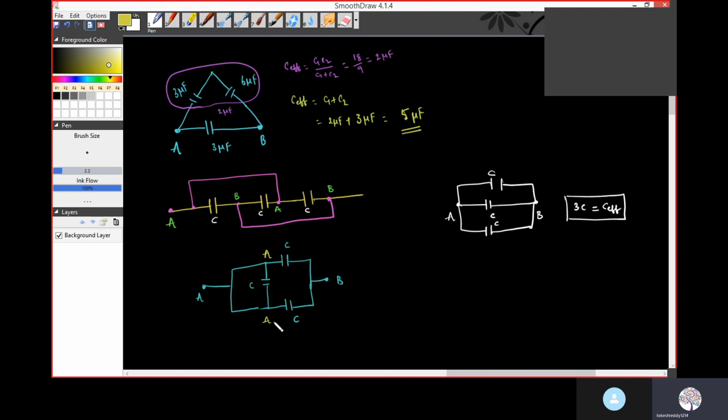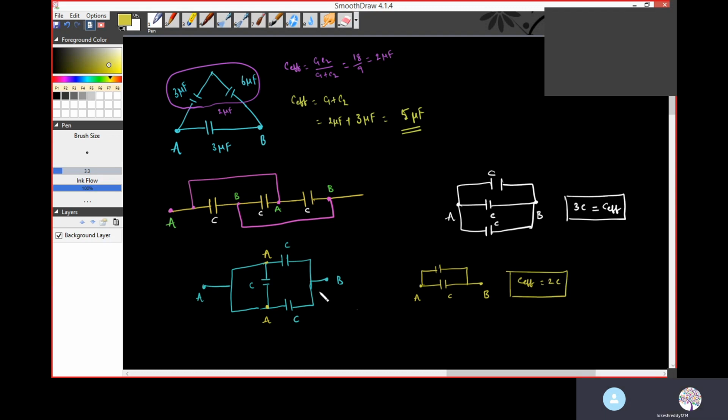This point is also A, connected by a wire. Then A to B, A to B, A to B, C is there. A to A means you can remove that one, because this potential is same. When the potential difference is same, then there is nothing in between. So A to B, A to B, we get 2C in parallel.